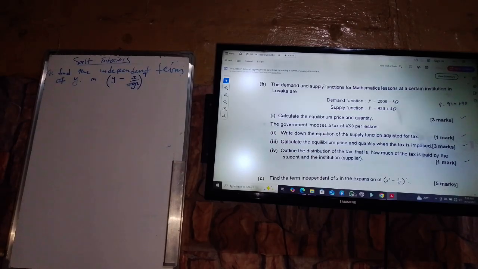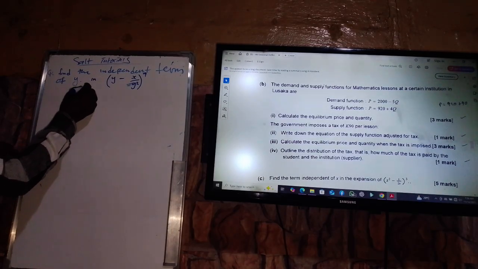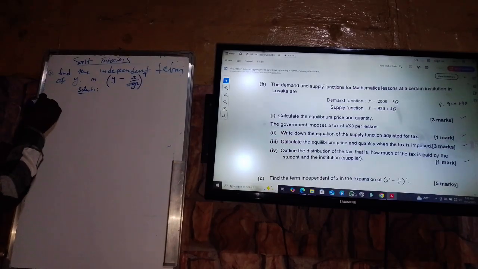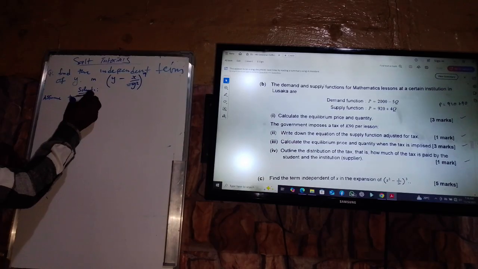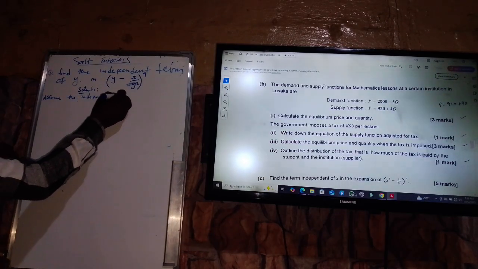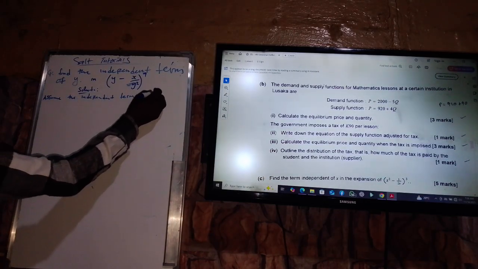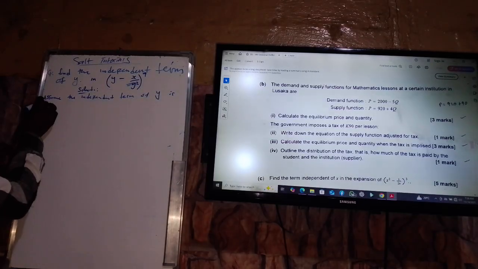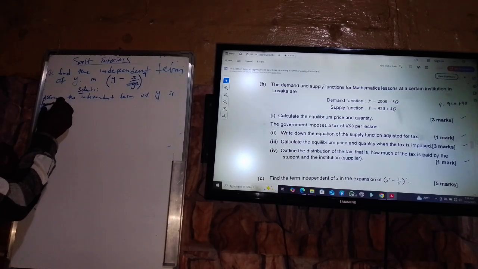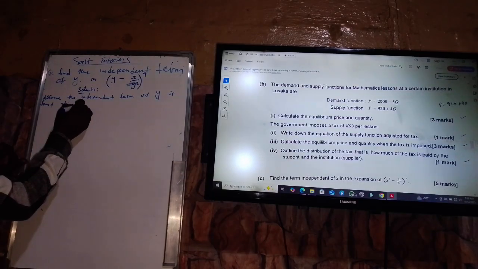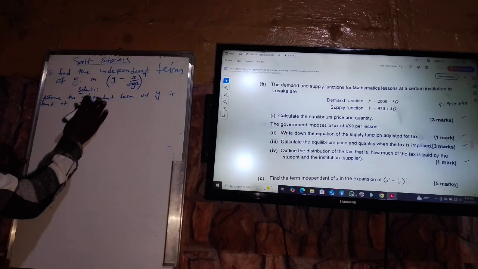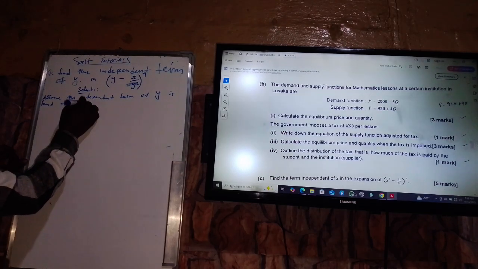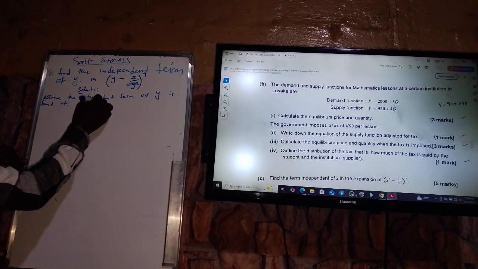So as usual, what did we say? Assume the independent term of y is found at the r plus 1 position.